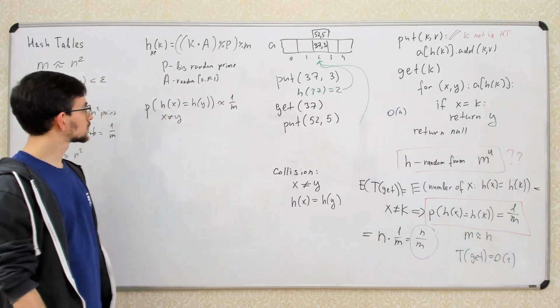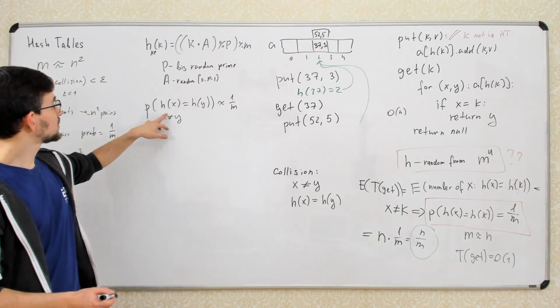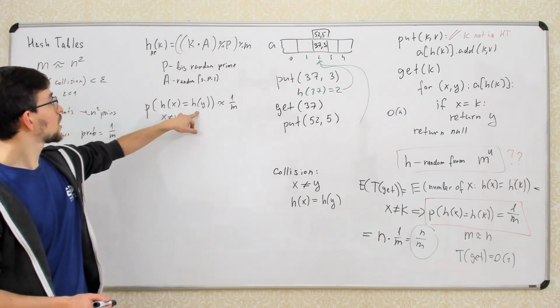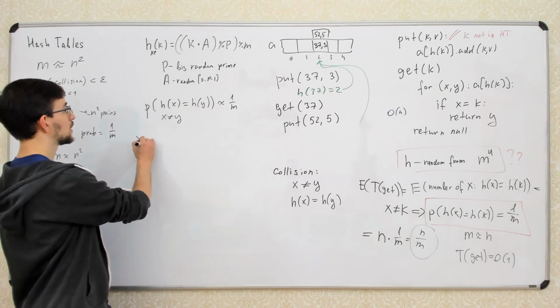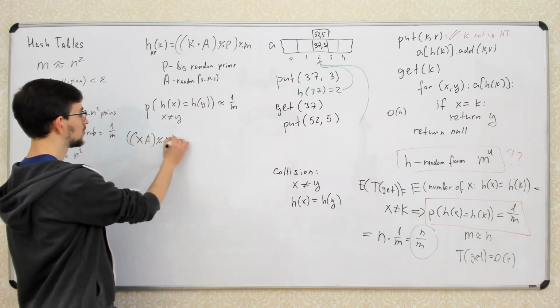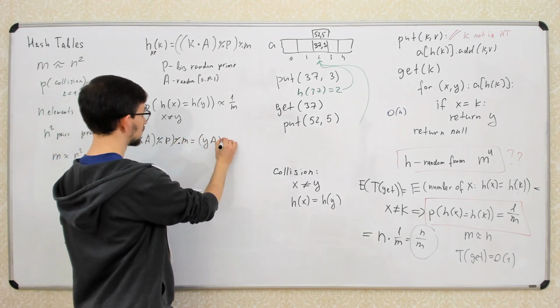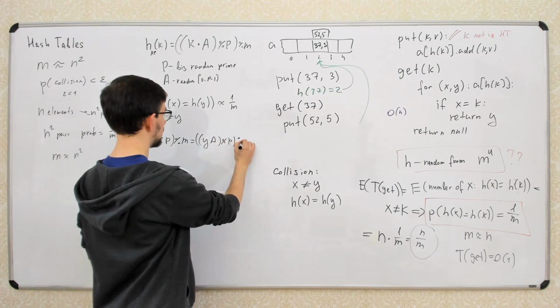So let's prove this. Put h of x and h of y here, so we have x a modulo p modulo m equal to y a modulo p modulo m.